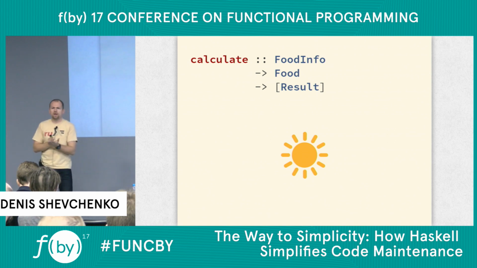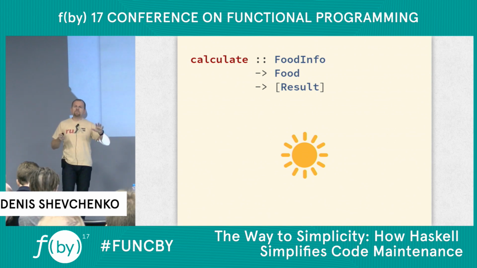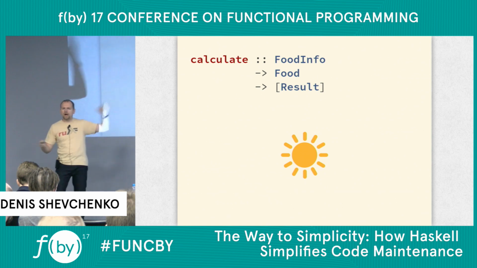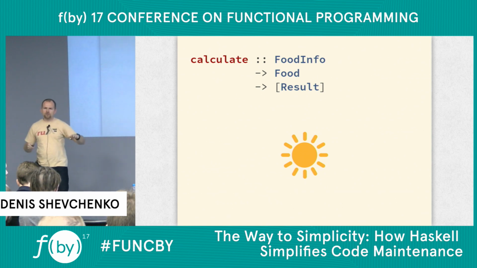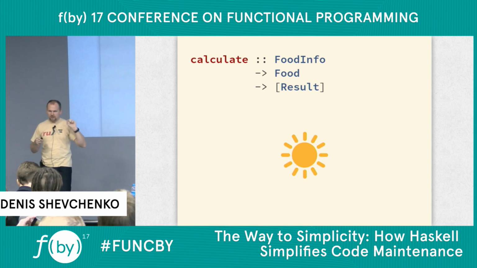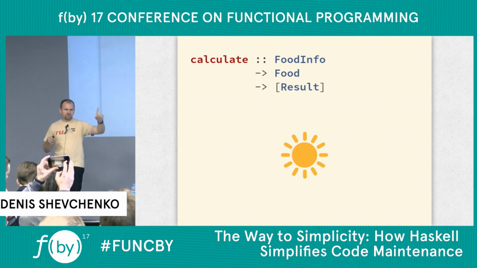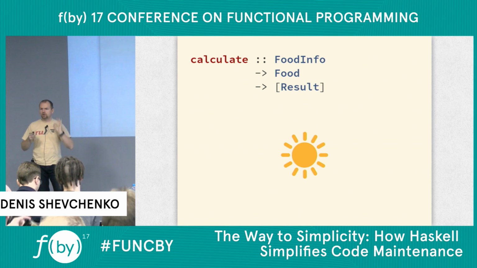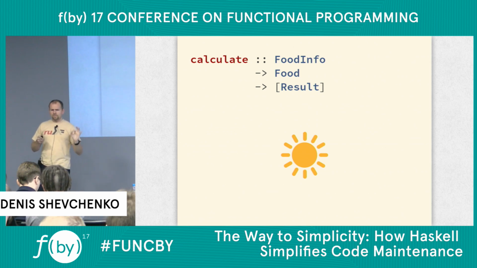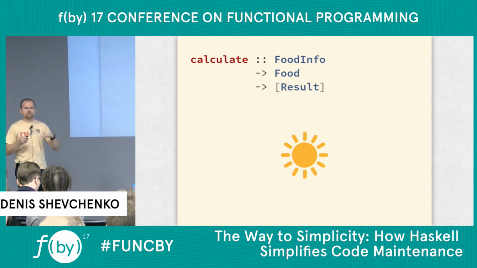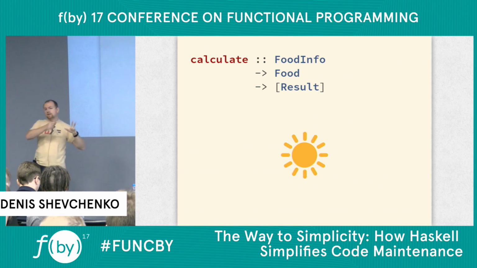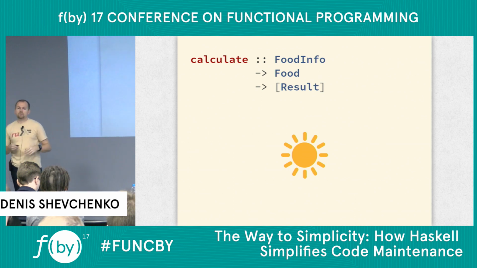It's impossible. And it doesn't matter how big this function is. We can just see its type, its declaration. And if we know what the types are, Foo Info, Foo, and Result, we definitely know that this function is able to do something and unable to do something else.